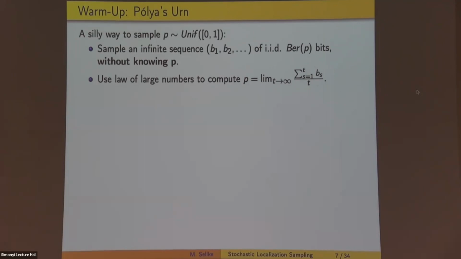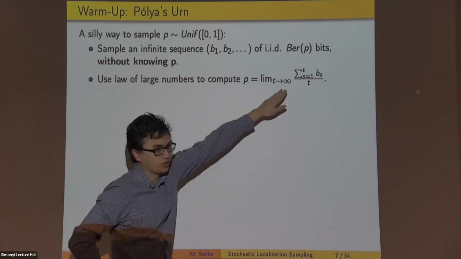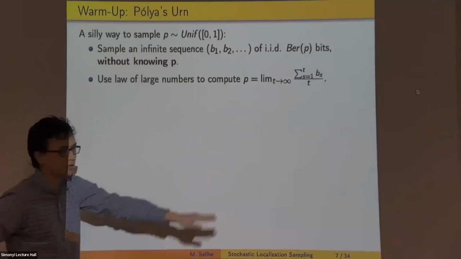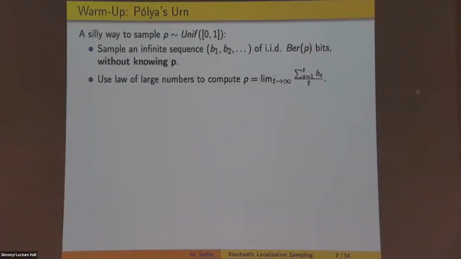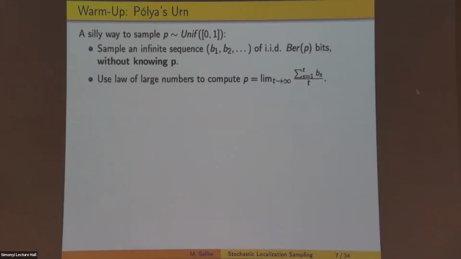If I can do that, then I can recover the P that was associated with the sequence I found using just the law of large numbers. So if I can do this first part, then the P that I find in this way will be a uniform random variable.